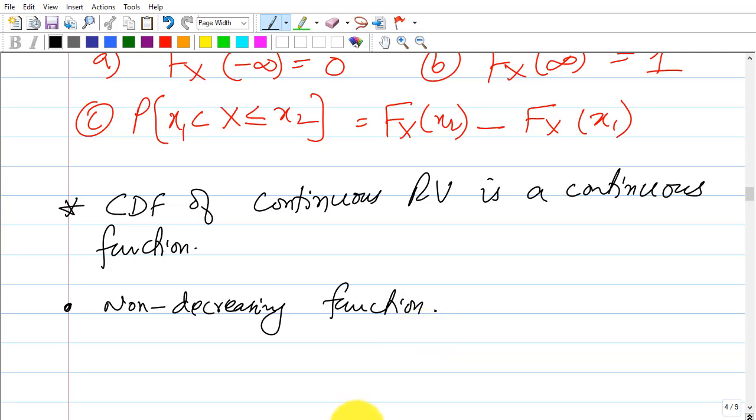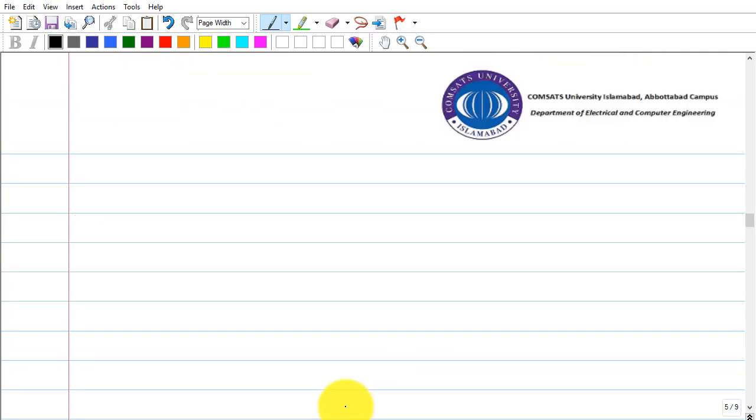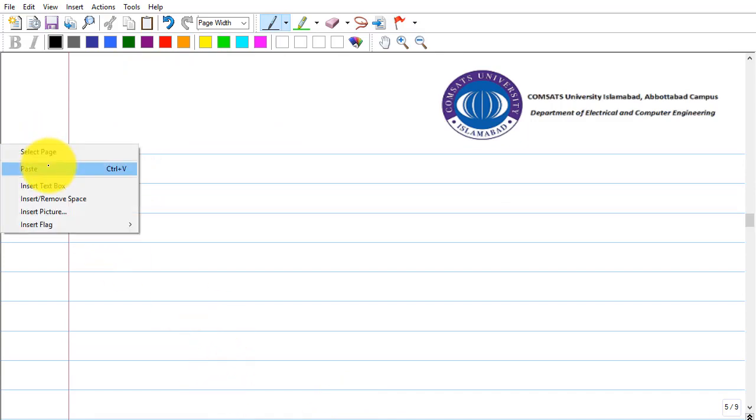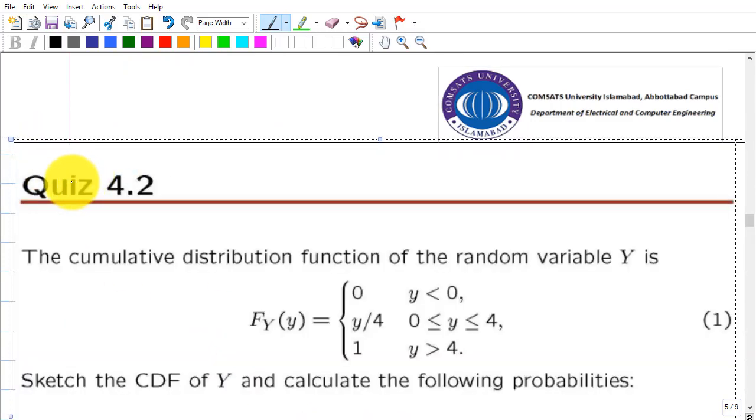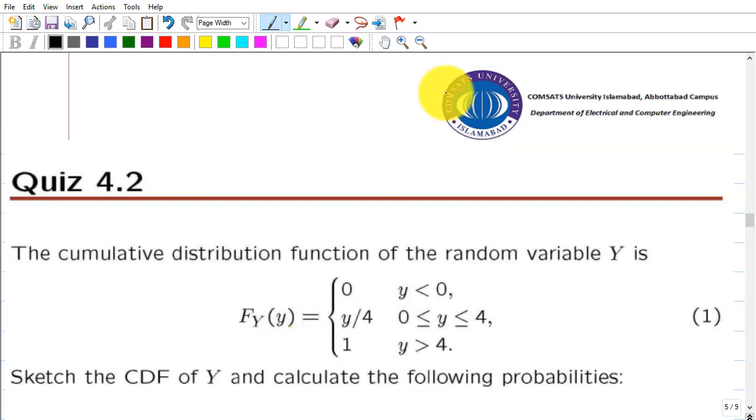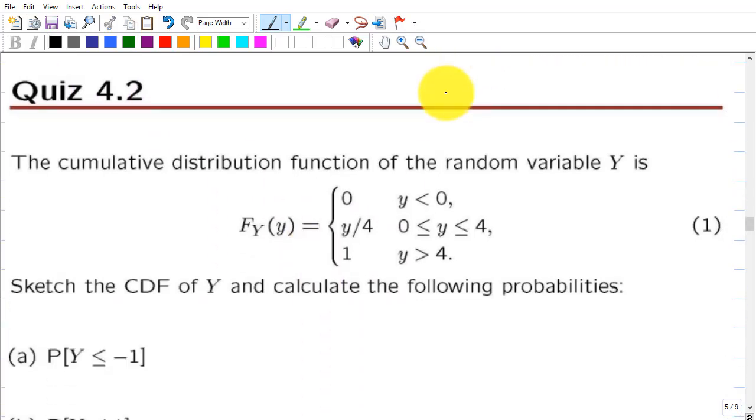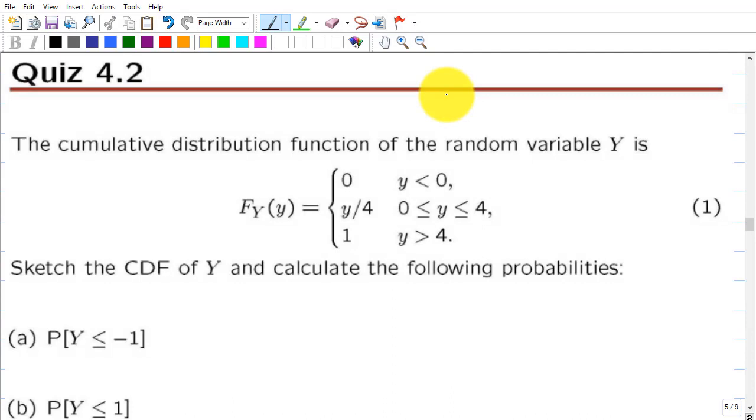Let's look at the example. So let's copy it from the book. It is quiz 4.2. It says the cumulative distribution function of a random variable Y is this. Sketch the CDF of Y and calculate the following probabilities.